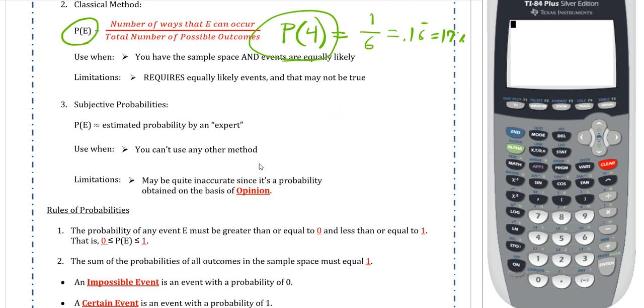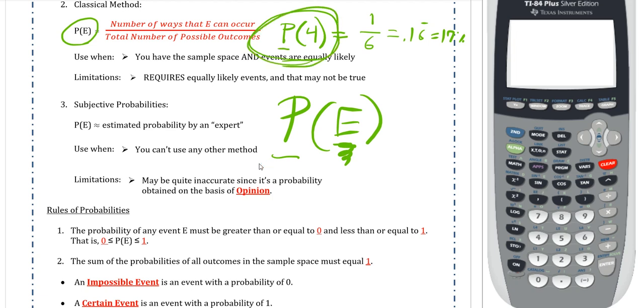P parentheses E is read as the probability of this event, so whatever event that is. That's why I would read P parentheses 4 as the probability of getting a 4. That's shorthand notation you will see very often with probability.